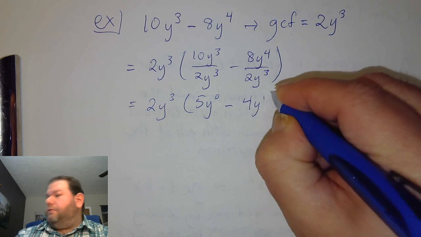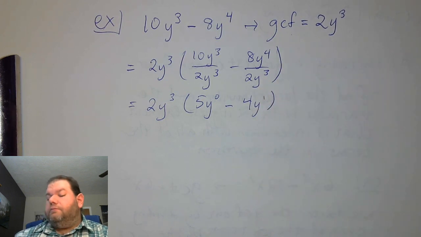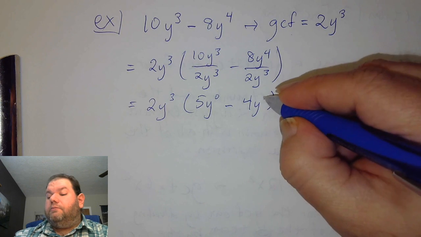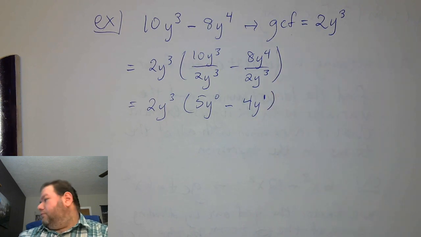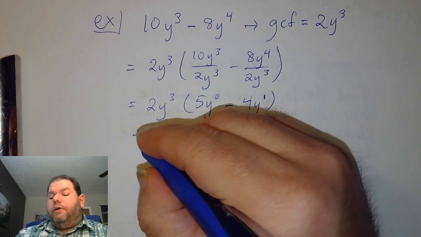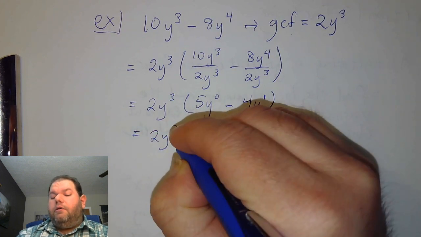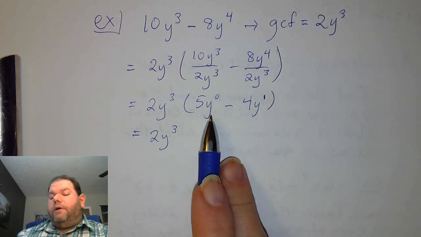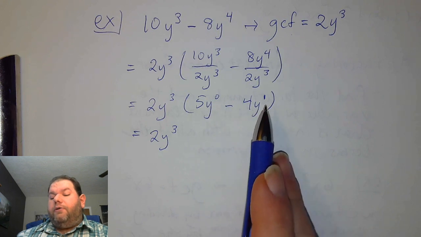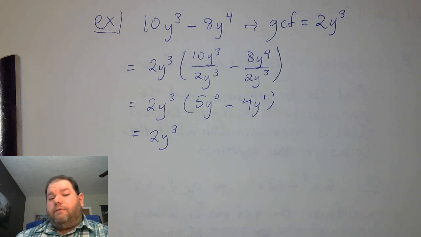Good. All right. And 5y to the 0 minus 4y to the 1. What would be a simpler way of writing that now that we've gotten that taken care of?